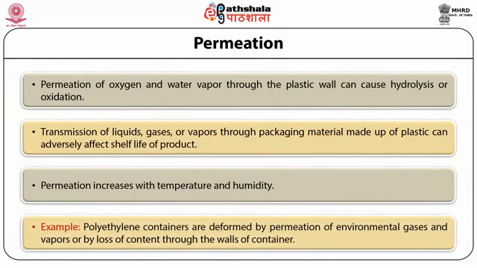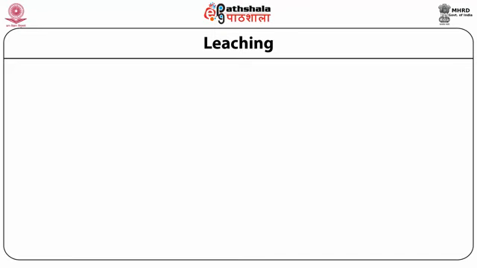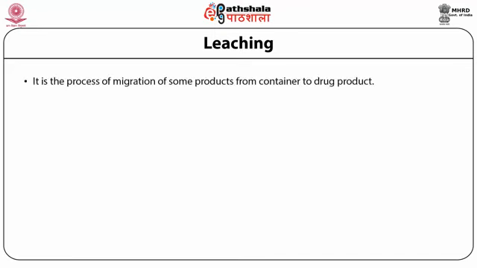Examples: polyethylene containers are deformed by permeation of environmental gases and vapors, or by loss of content through the walls of the container. Another consideration is the leaching. Leaching is the process of migration of some products from the container to the drug product.